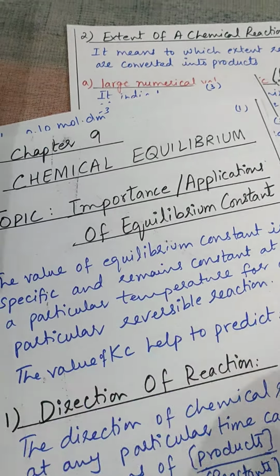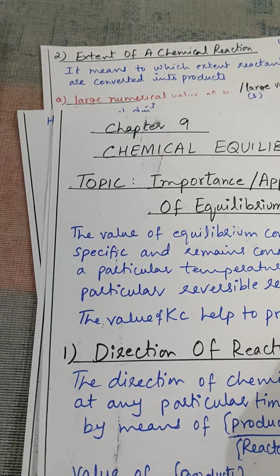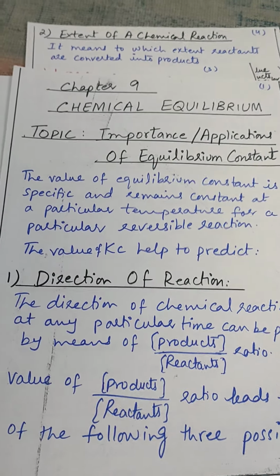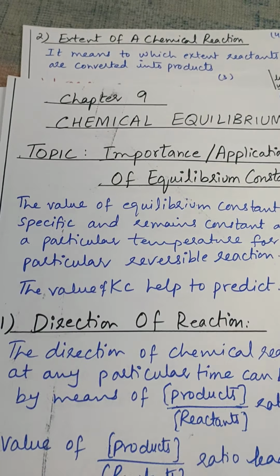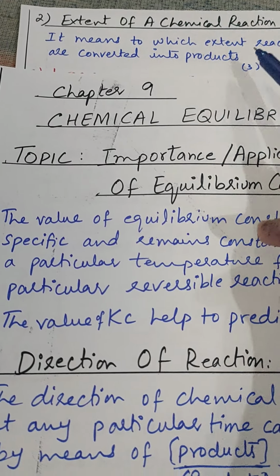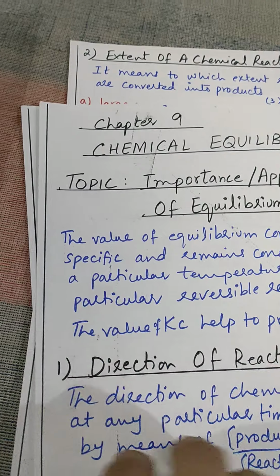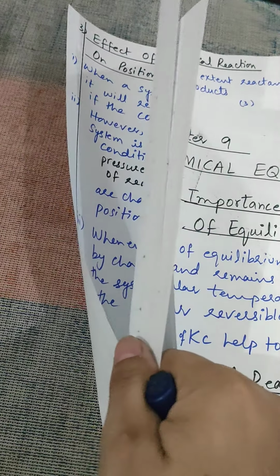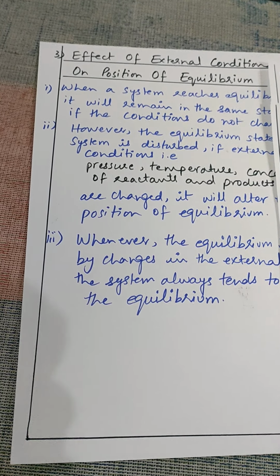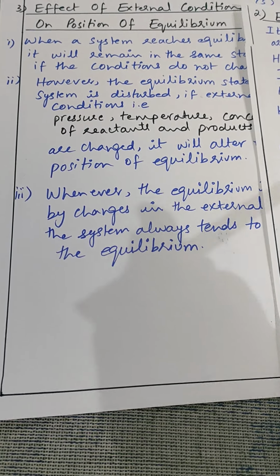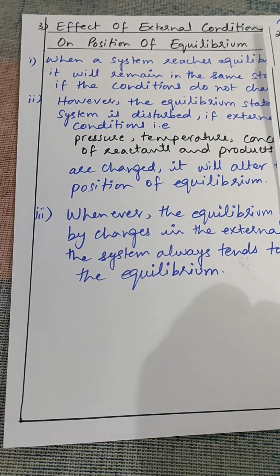Clear? Here I am showing you the names of the applications. The first is the direction of the reaction. Second is the extent of the reaction, and the last one is the effect of the external condition on the position of the equilibrium. Clear?